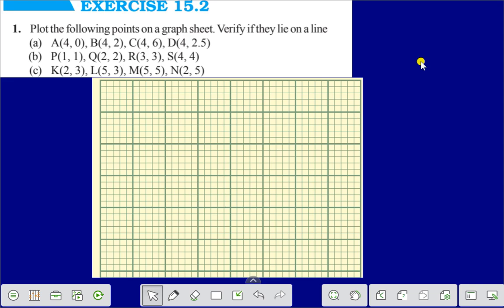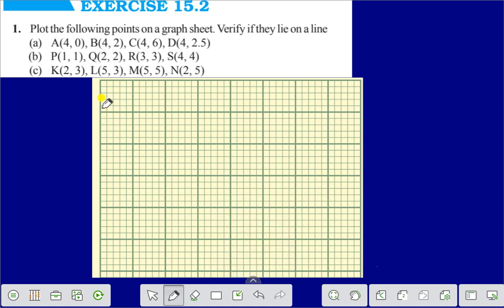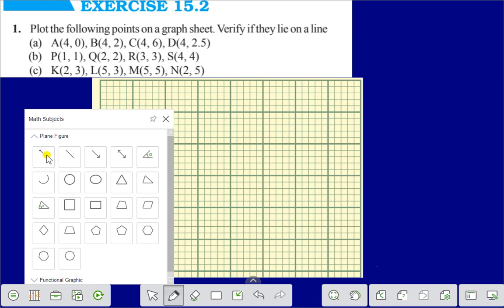Let us find the points. If we draw a line here, then we are getting, let us take this line. Let us take a line here.